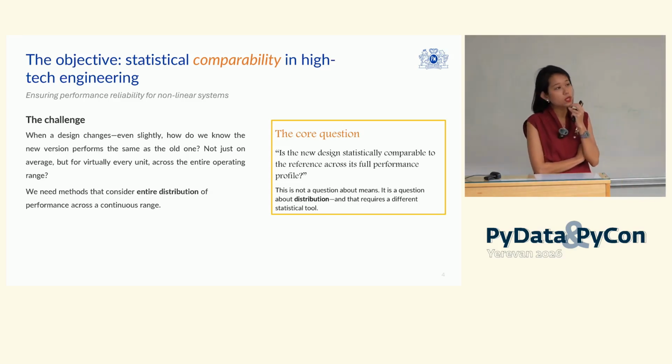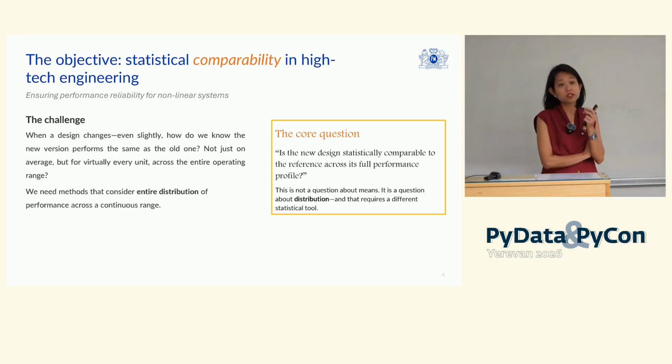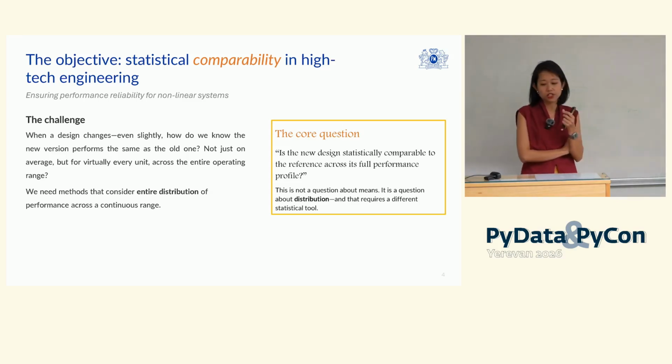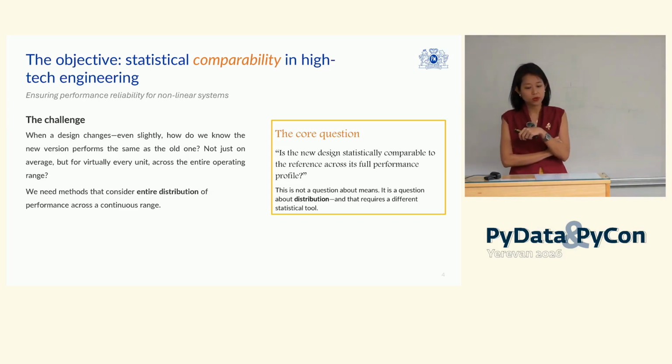The challenge is when a design changes, even slightly, maybe just a little change. Instead of using plastic, now you're using paper. All these little changes make it difficult for us to define in a scientific question, how can we say that this new product is comparable to our reference product?